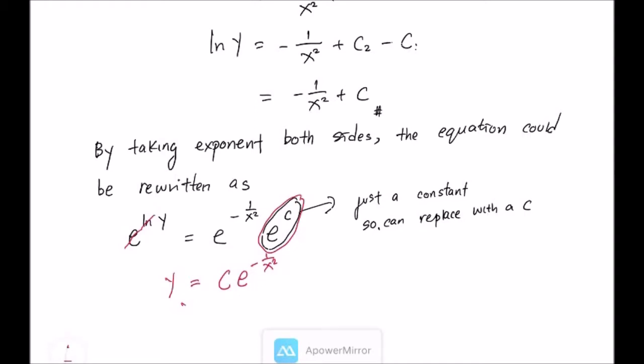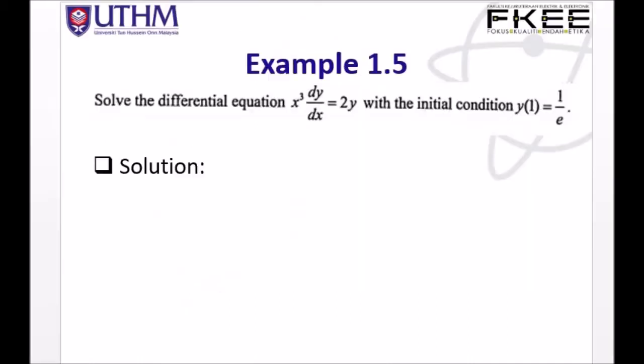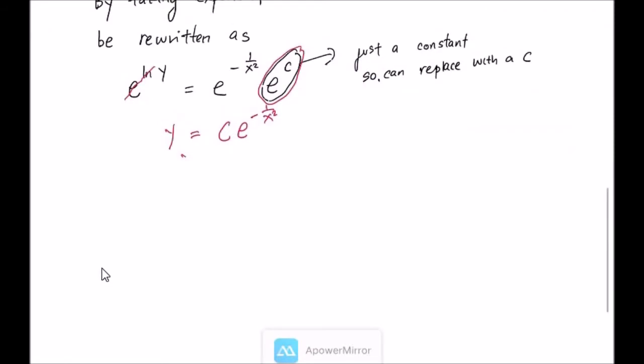In your question, you are given the initial condition. You still remember the initial condition? y(1) equals 1 over e. So you need to substitute this initial condition. The third step is when x is equal to 1, y equals 1 over e.